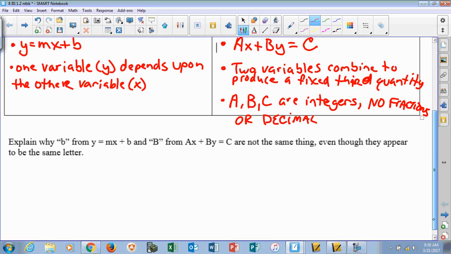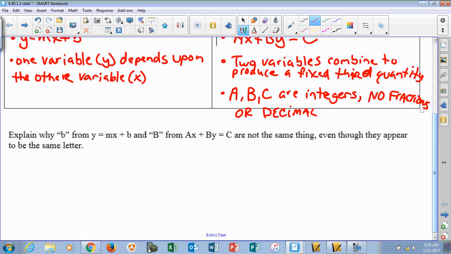All right. Now explain why the b in y equals mx plus b and the b in ax plus by equals c are not the same thing, even though they appear to be the same letter. Well, in terms of the numbers they can be, a and b must be integers, but the b in y equals mx plus b can also be fractions or decimals. Their meanings are different.